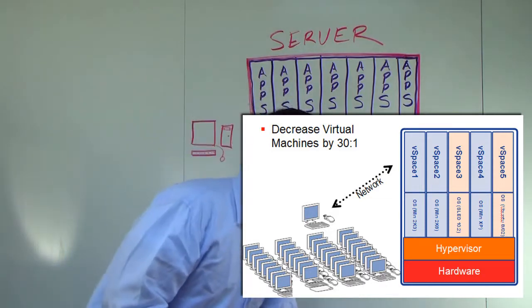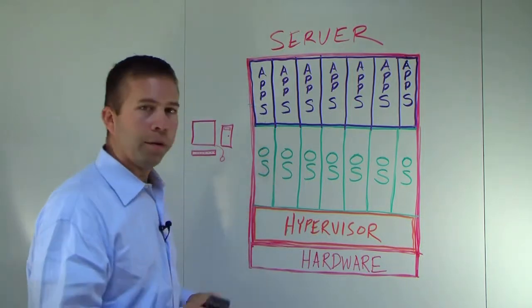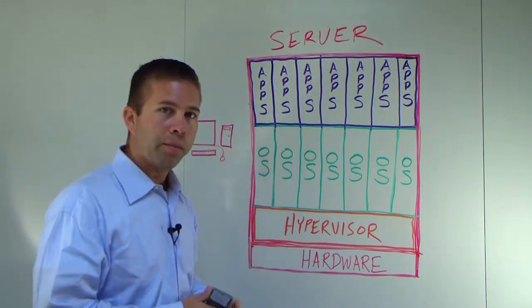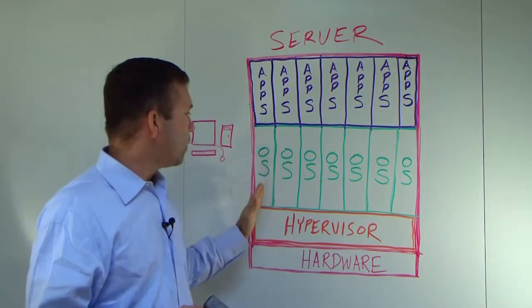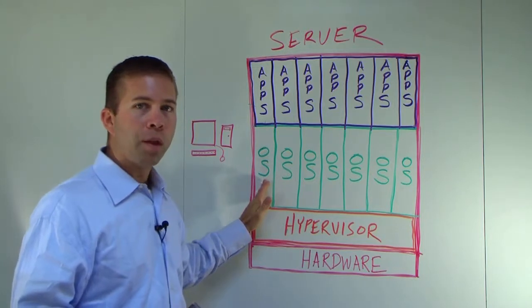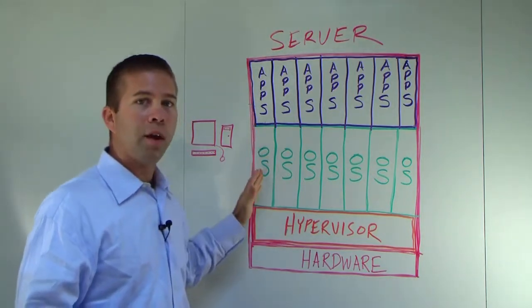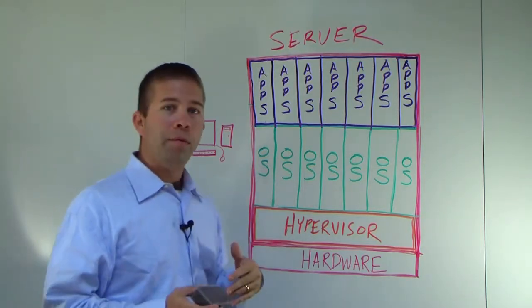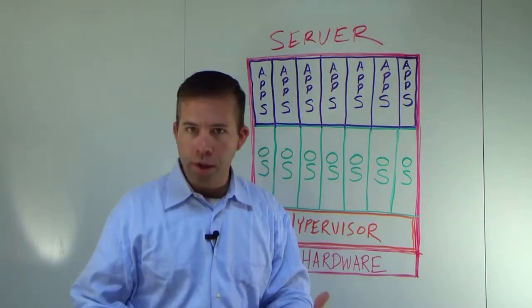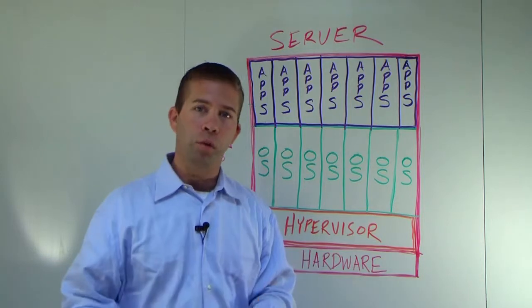So if I take one of these individual desktops here running, let's say, Windows and an application stack, I can install vSpace software from N Computing onto that particular desktop, and now up to 30 users could be sharing that exact desktop. So effectively, I've reduced the number of operating systems and instances or virtual machines that I have to manage and maintain by as much as 30 to 1.